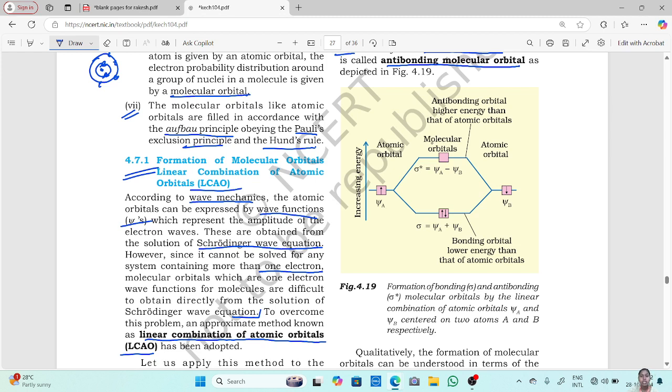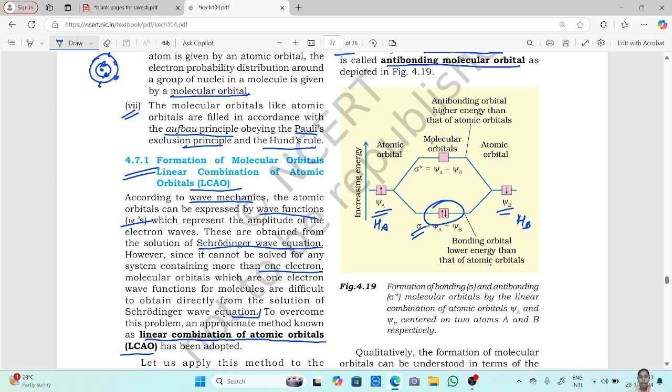Here psi A means your hydrogen A, psi B means your second hydrogen, that is Hb. Both of them have 1 electron. When you add them, they will form your bonding orbital, that is your sigma bond, which has lower energy than that of the atomic orbitals.